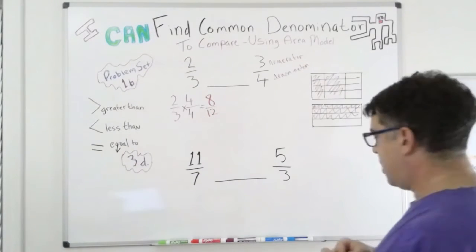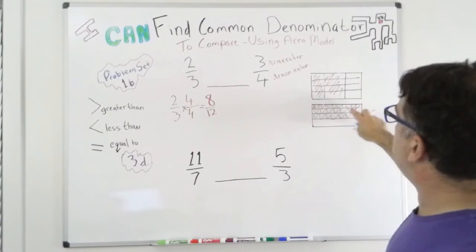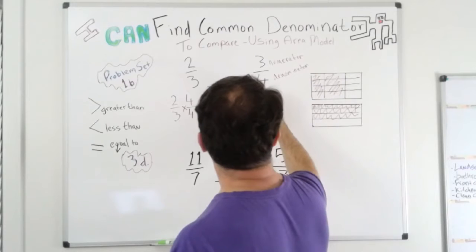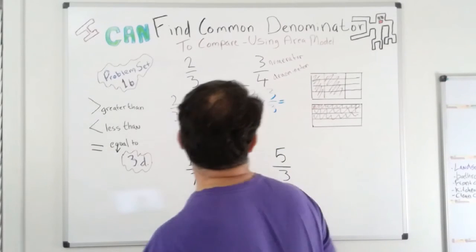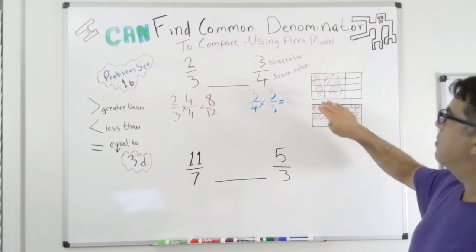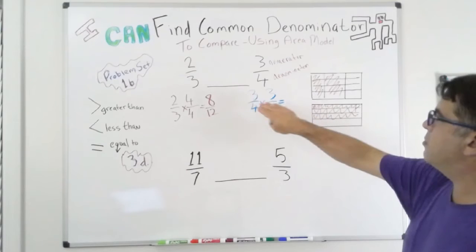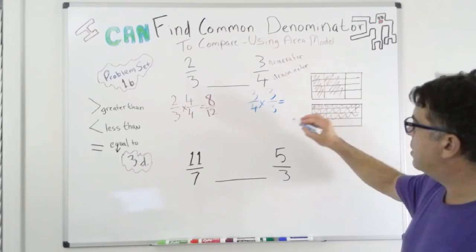Now let's see what happens to 3/4. If I multiply 3/4 times 3/3, then it becomes whatever I divide this into. So remember, we multiply across, 3 times 3, and then 4 times 3.